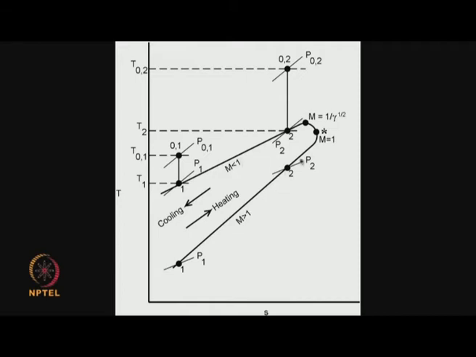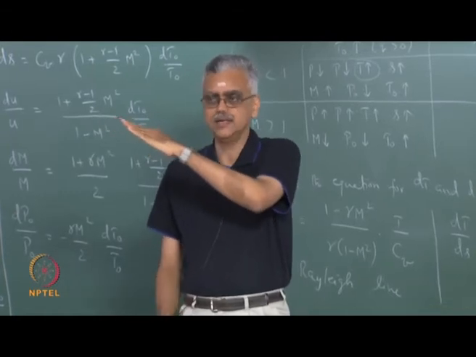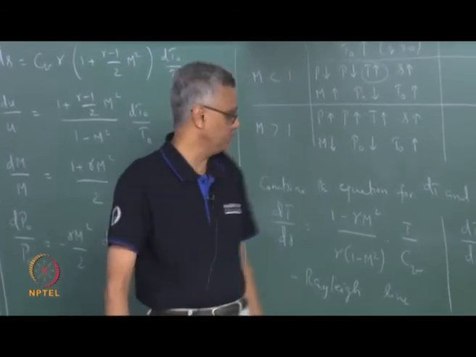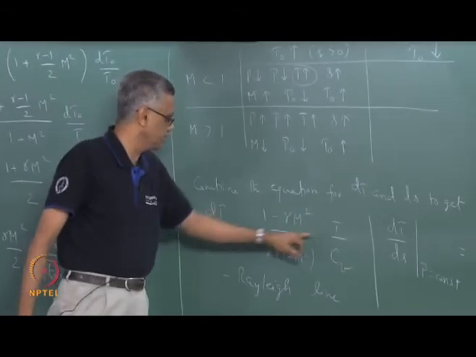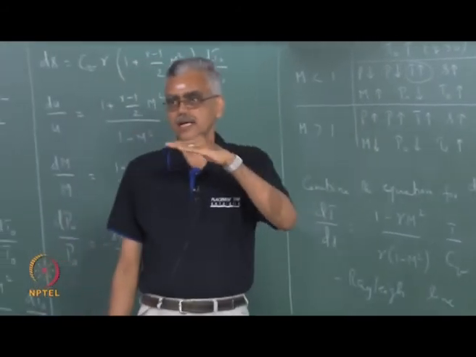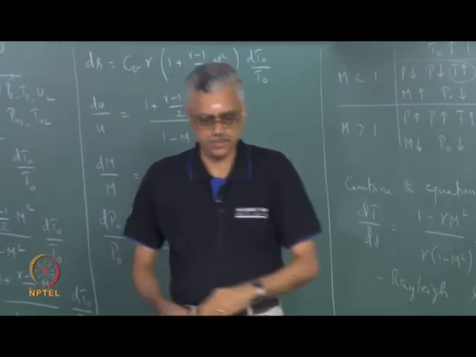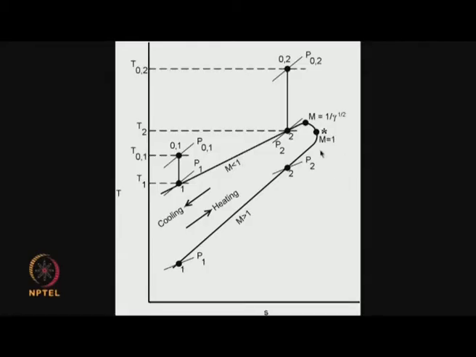As we approach M equal to 1, notice that the slope approaches plus infinity. It is not really a straight line because the slope keeps changing with temperature and Mach number. So it is actually curved, and as we approach M equal to 1, the slope becomes plus infinity. That is what is shown in this diagram.